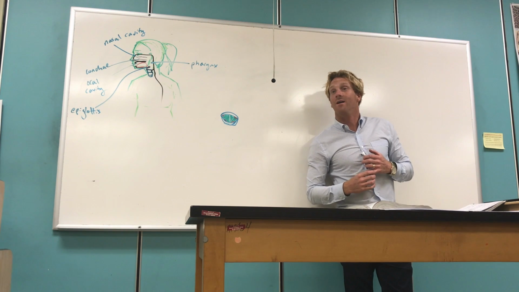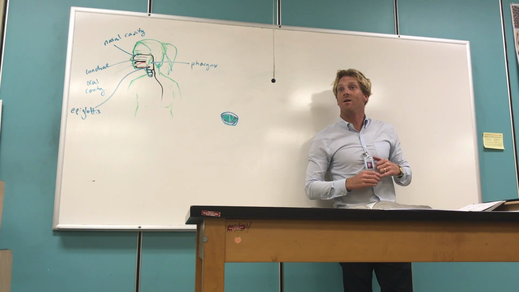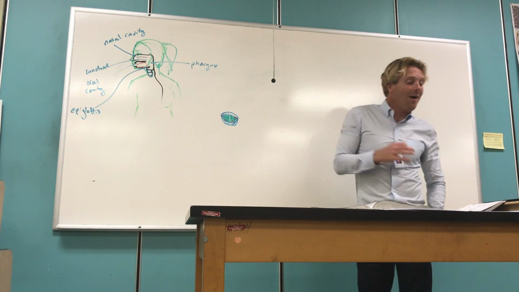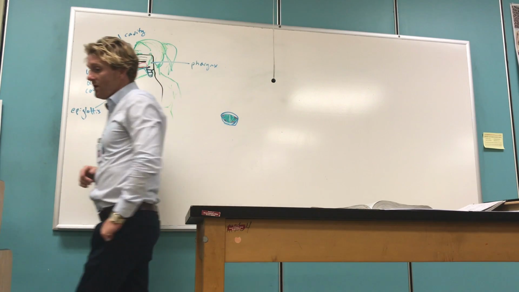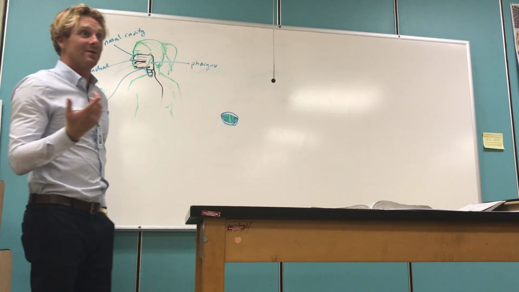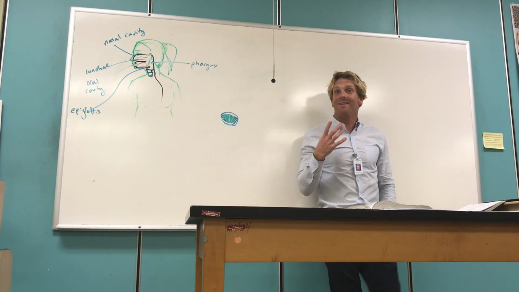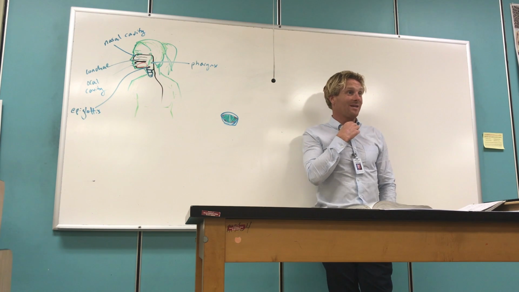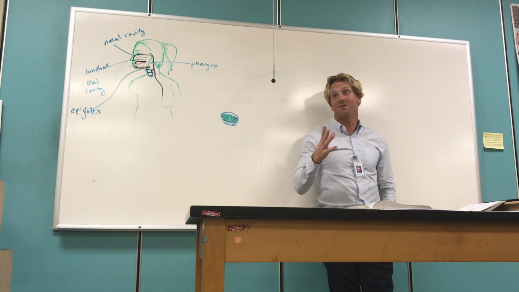Just a random question. Does the larynx or epiglottis have anything to do with when you're choking on food? Yeah, absolutely. And that's a good point. Your larynx is going to have a high density of sensory receptors, like mechanoreceptors. They're going to be stimulated by anything other than air. So if anything other than air touches the larynx, especially the top of your larynx, it's going to send some really strong signals to your brain.